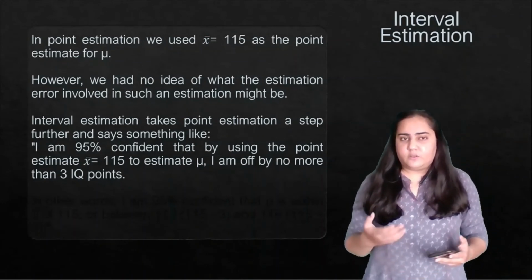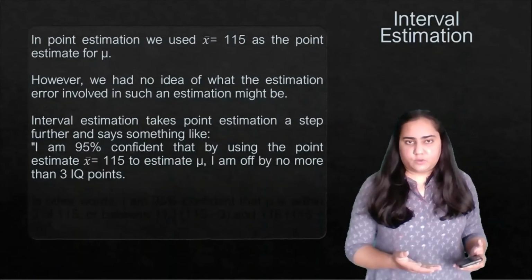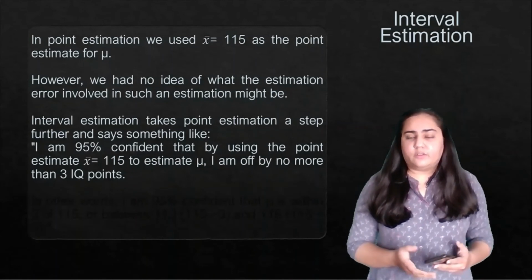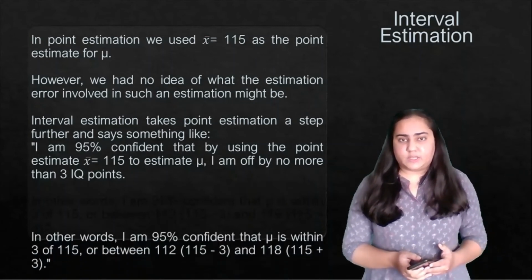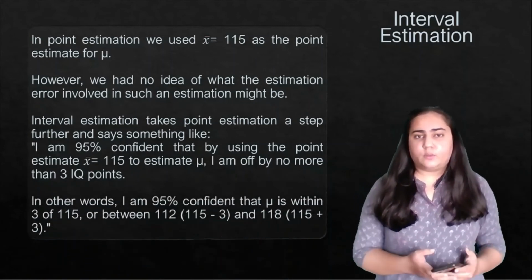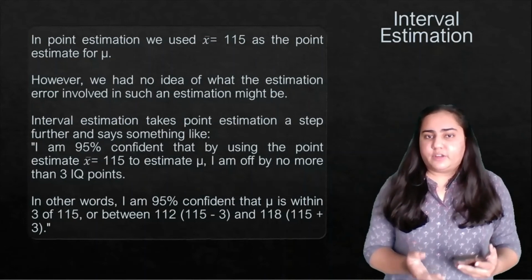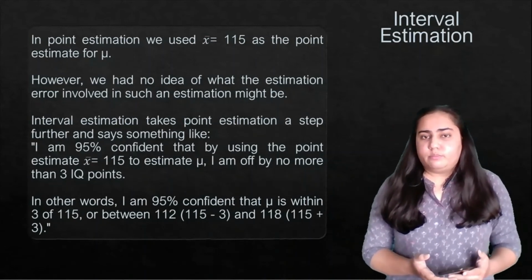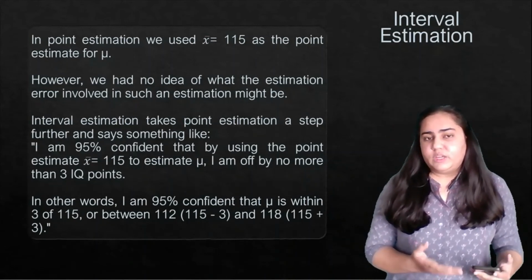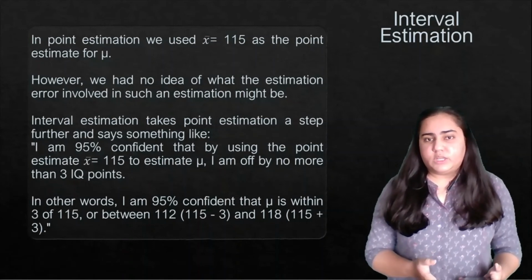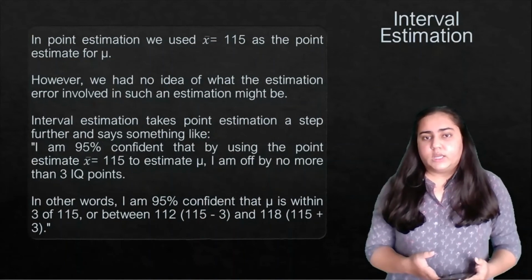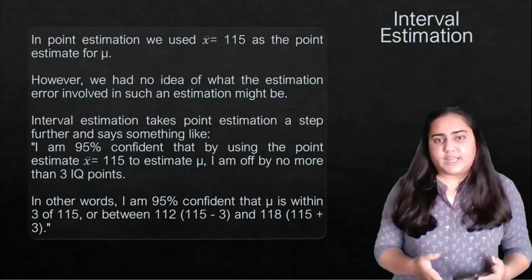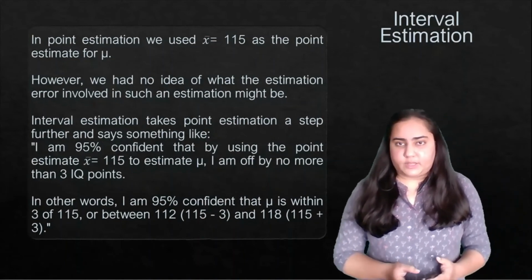So now the error is quantified by 3, and also the confidence is mentioned, that there is a confidence of 95%. In other words, you can say I'm 95% confident that mu is within 3 of 115, or between 112, which is 115 minus 3, and 118, which is 115 plus 3.